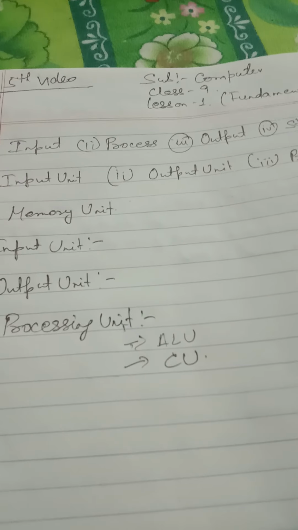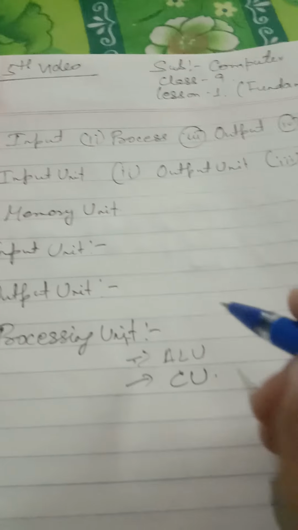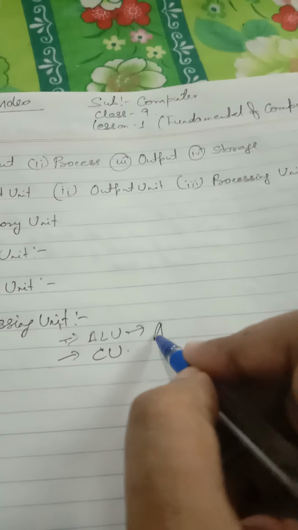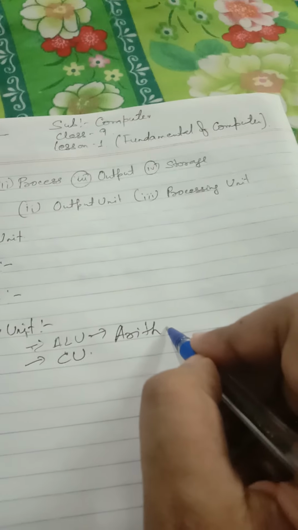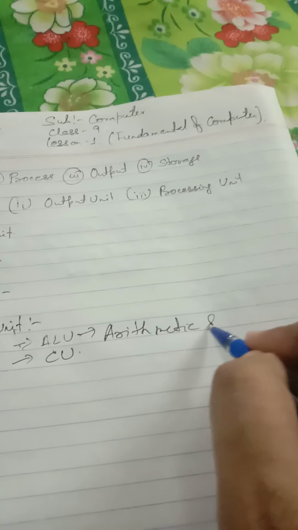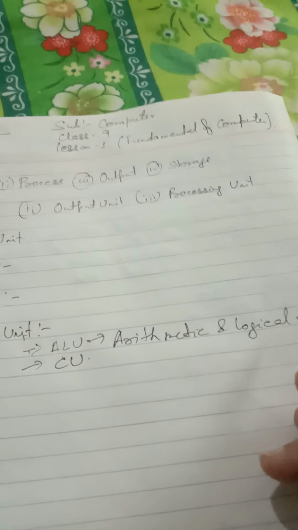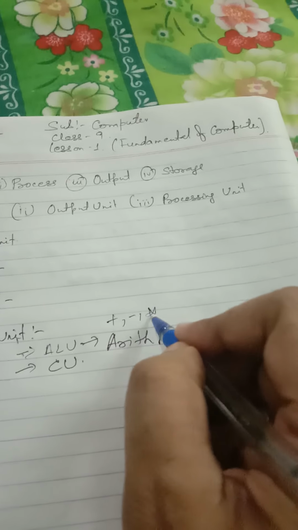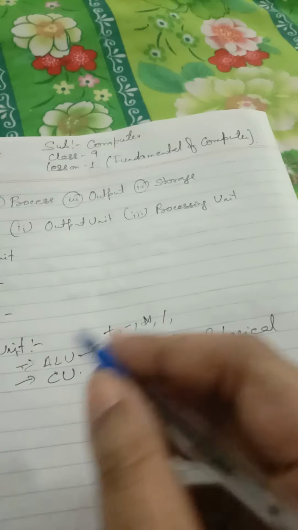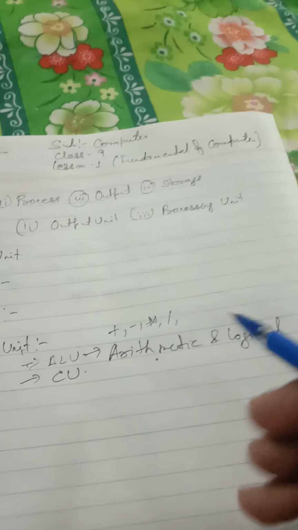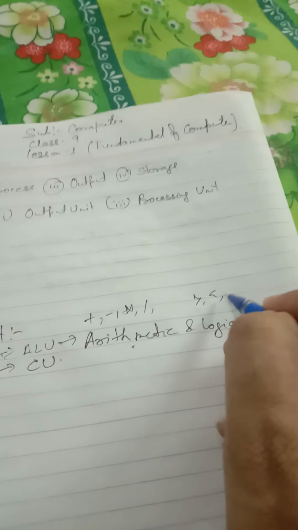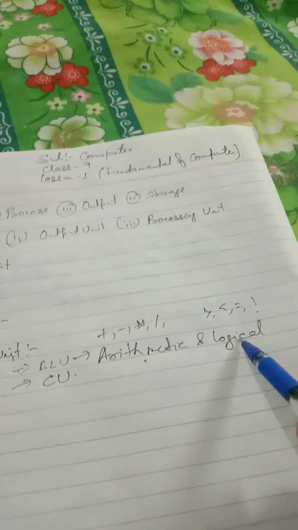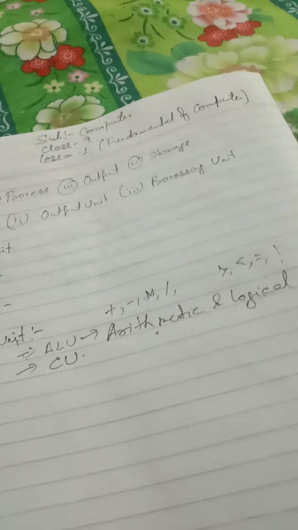So what does the ALU perform? The ALU performs arithmetic and logical calculation. Now what does arithmetic mean? Plus, minus, multiply, divide, all these types of calculation are done by arithmetic. And in logical, greater than, less than, equal to, not equal to, such types of calculation are done with the help of the logical unit.